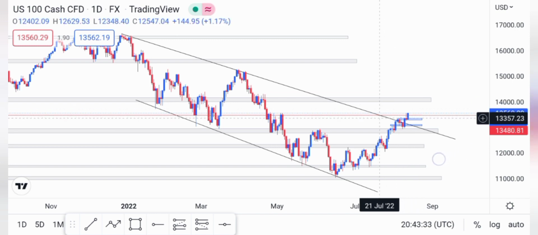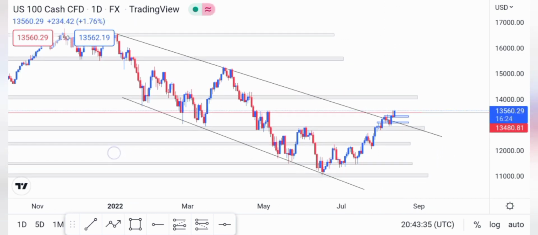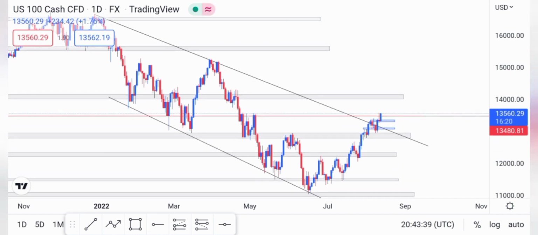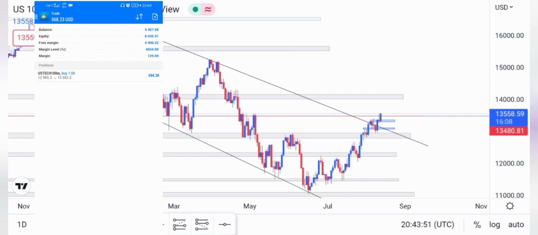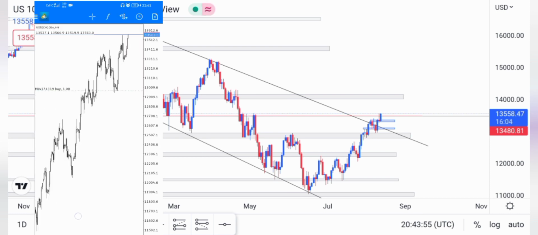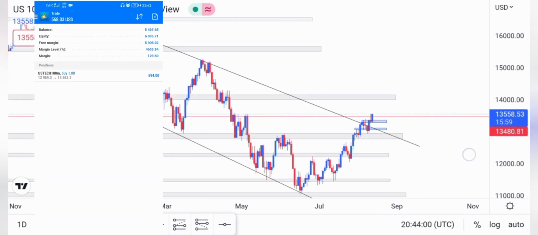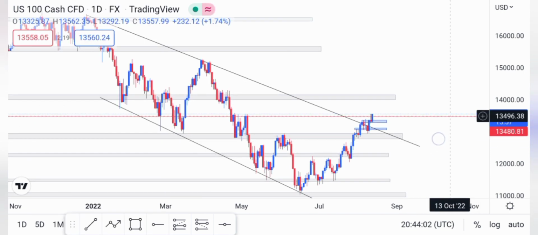Unfortunately, if you did miss our signal for the buy setup for NAS100, please join my official WhatsApp group or the Telegram group so you don't miss anything, because we're currently on profit, as you can see on the top left corner. So currently we are buying on NAS100.